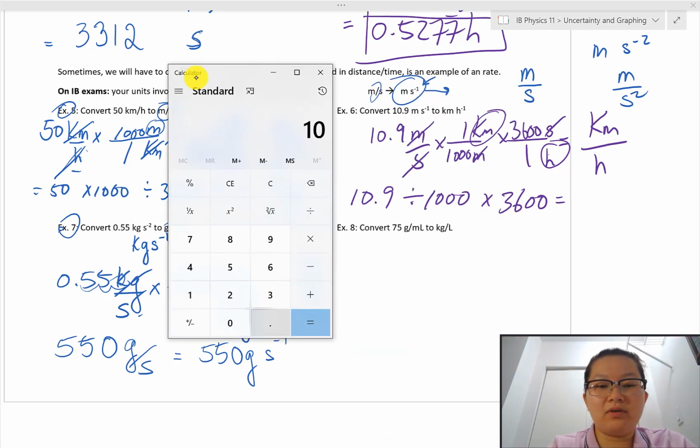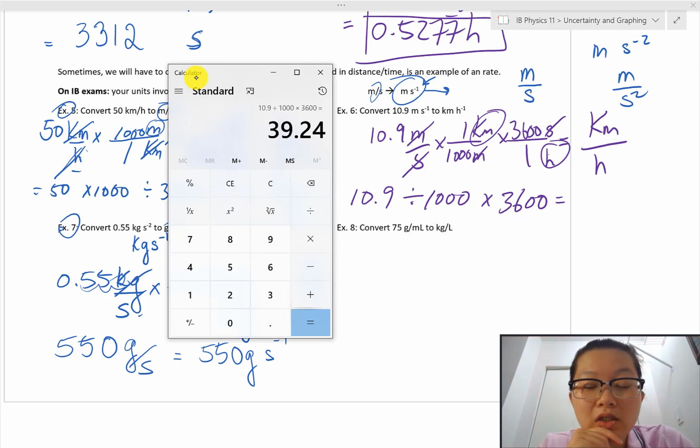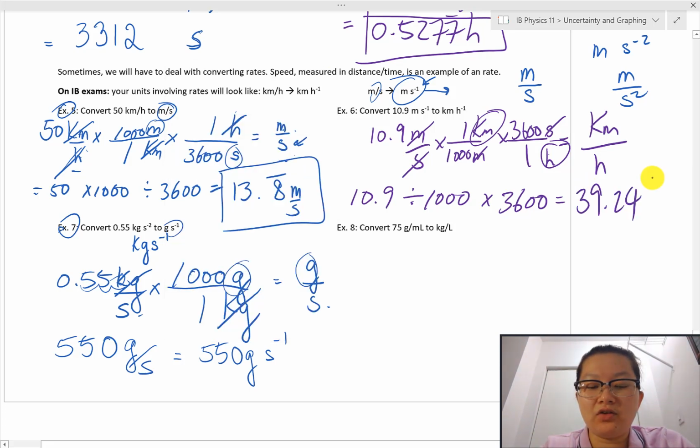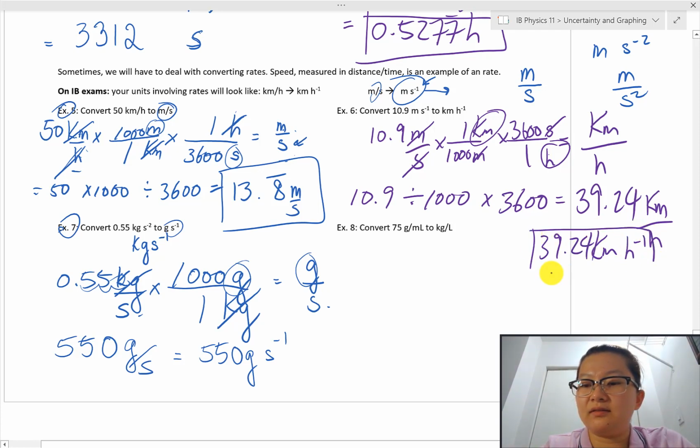So 10.9 divided by 1,000 times 3,600 is 39.24, and our units are kilometers per hour. If I write it in the correct notation, kilometers and hours to the -1.